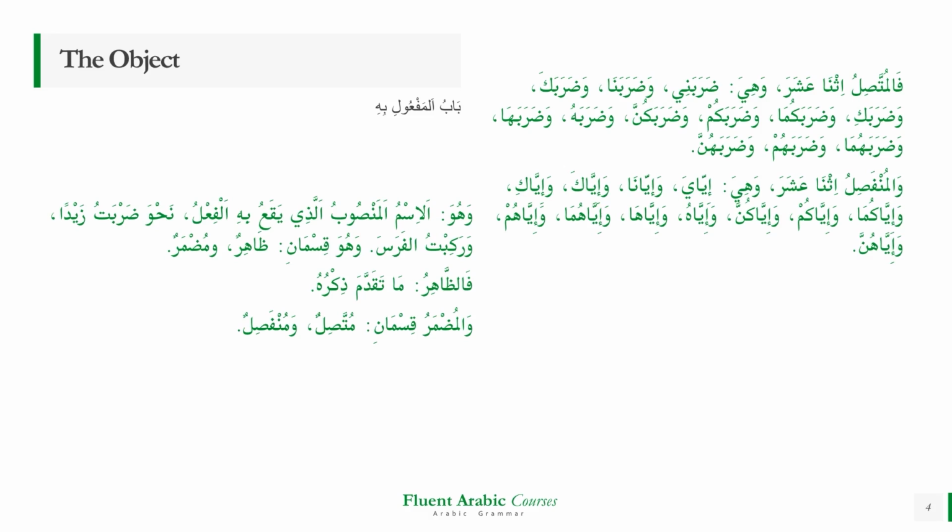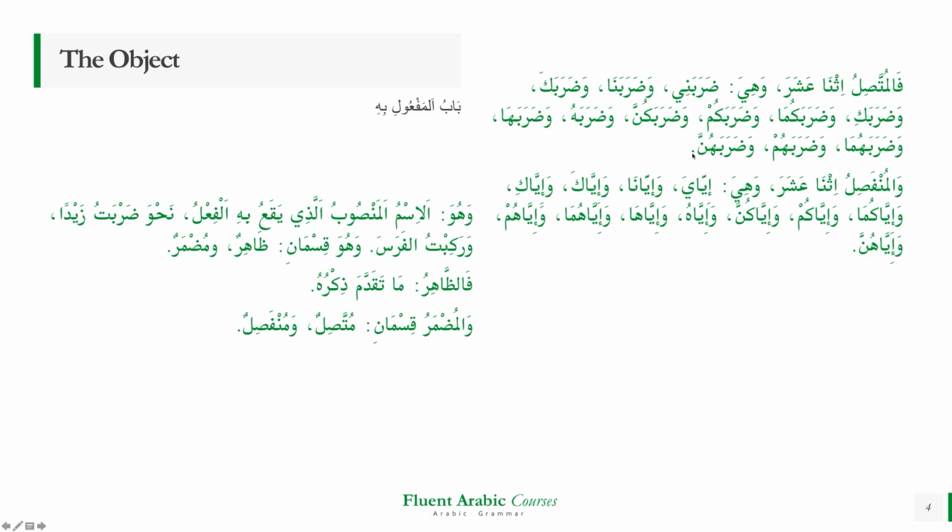So the maf'ul bihi occurs here in the form of an attached pronoun. So the end of these verbs is what we have as the maf'ul bihi. And when it happens in this form, it is the maf'ul bihi muttasil, mudmar and muttasil.